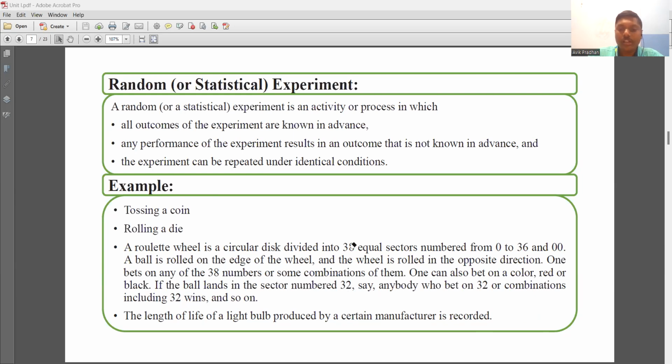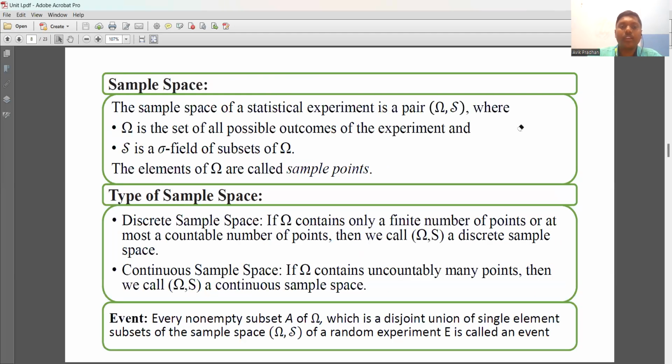So let us go to the definition of sample space. Now, what is the sample space? Sample space is a pair. It's a pair corresponding to the set of all possible outcomes. So here I have used two notations, omega and script S. Omega represents the set of all possible outcomes corresponding to a statistical or random experiment. And script S represents the sigma field or sigma algebra of subsets of omega.